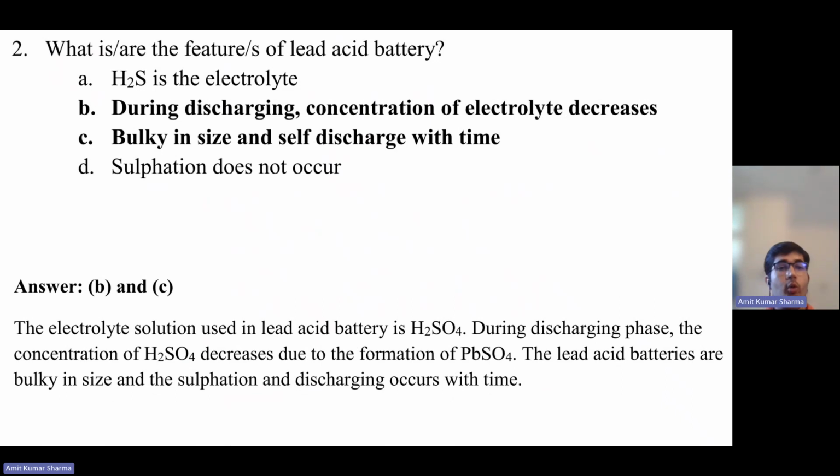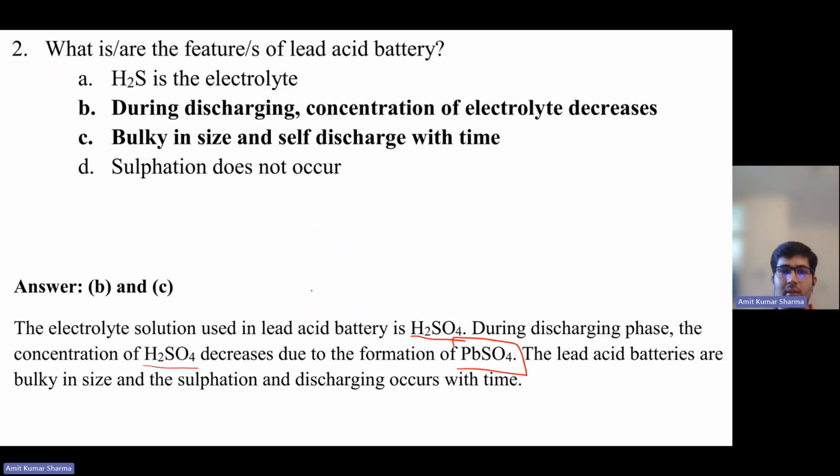So the correct options are B and C. The electrolyte solution used in the lead acid battery is H2SO4, and during the discharging phase, the concentration of H2SO4 decreases due to formation of PbSO4.